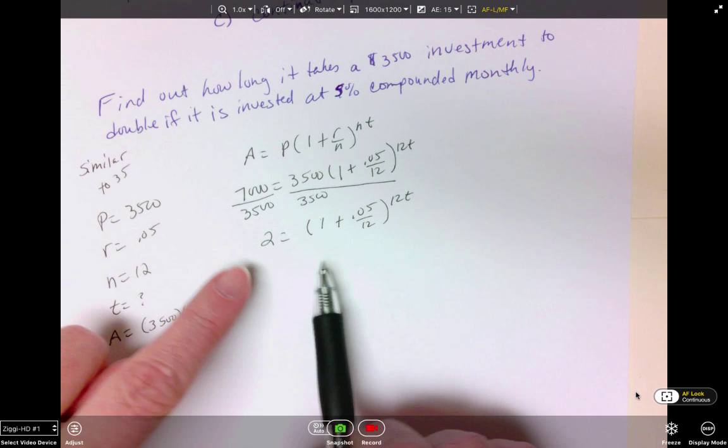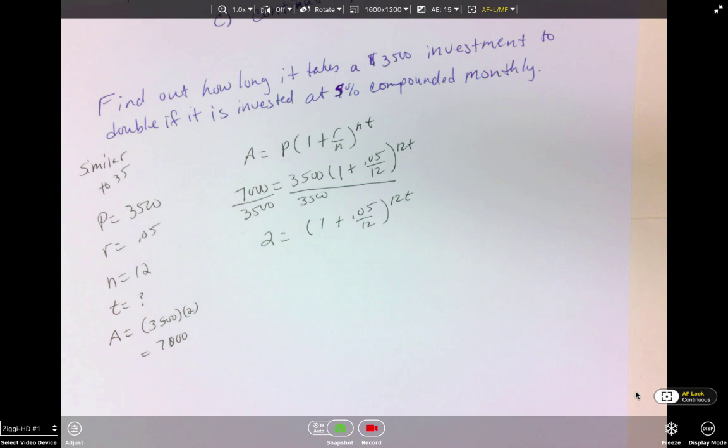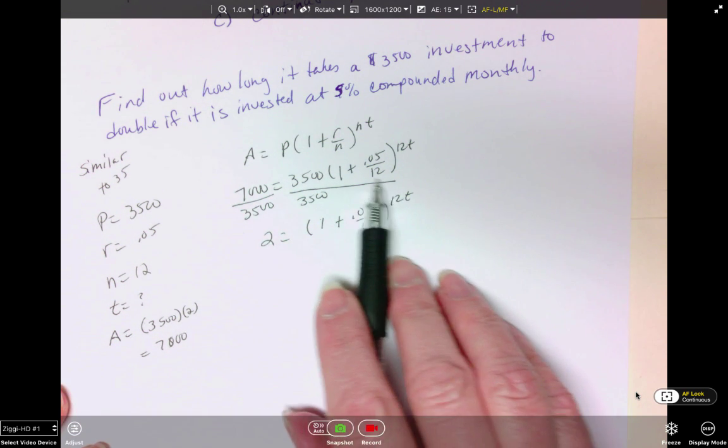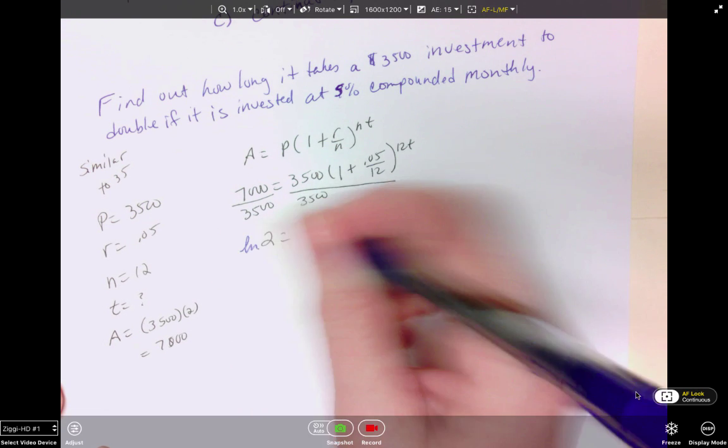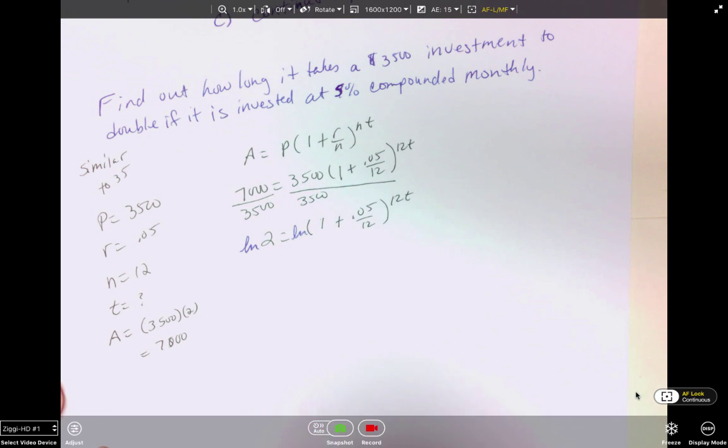Well, now we have to get the t down. How can we do that? Well, if we take the natural log of both sides, then we're able to bring the 12t down in front. So we're going to take the natural log of 2 and the natural log of our parentheses.